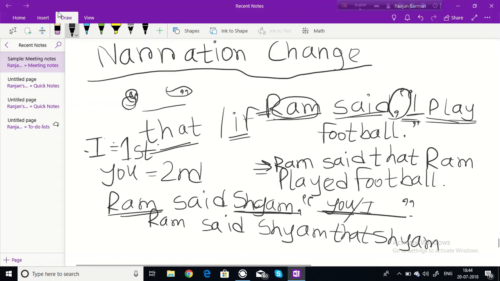So we have to write Ram, and by this we are learning that the narration change is very grammatical. We have to see the tense, and we have to transform the tense, and we have to remove this and this.